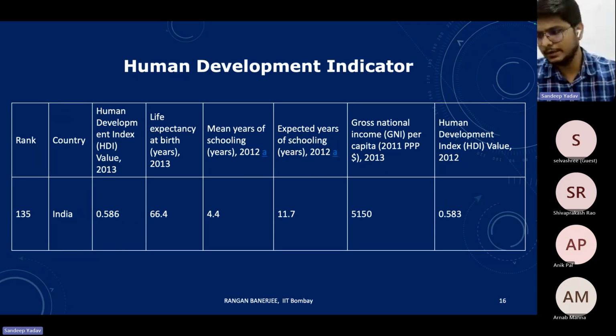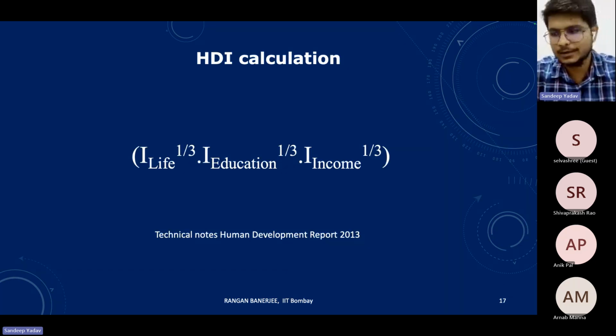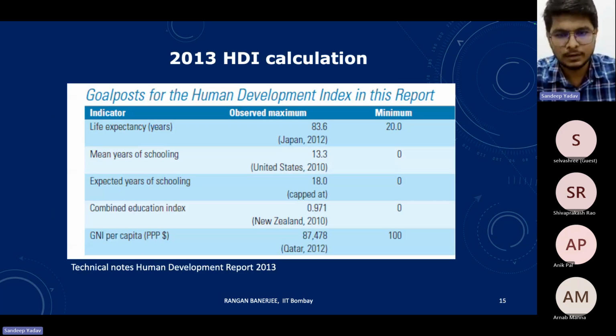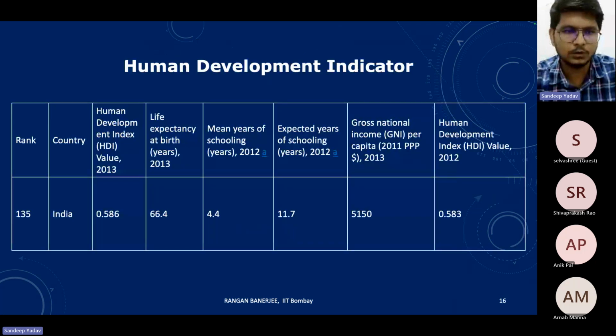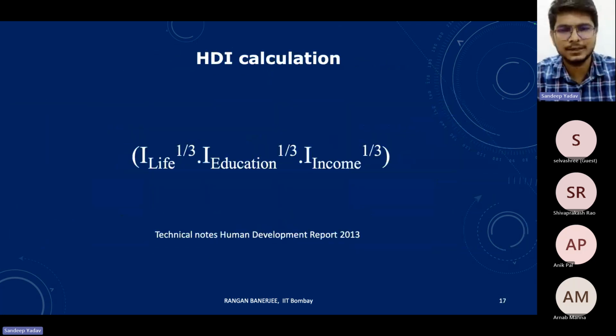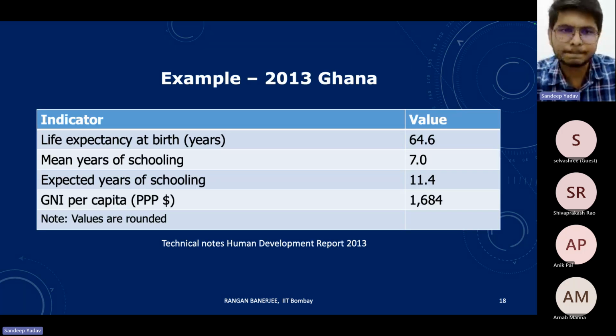Now it has increased. Initially the HDI was the sum of all the indexes we have seen, like health index, education index, and income index, divided by 3. But now it is improved, and this is the formula: we take the cube root of the product of the life index, education index, and income index for the calculation of the HDI.